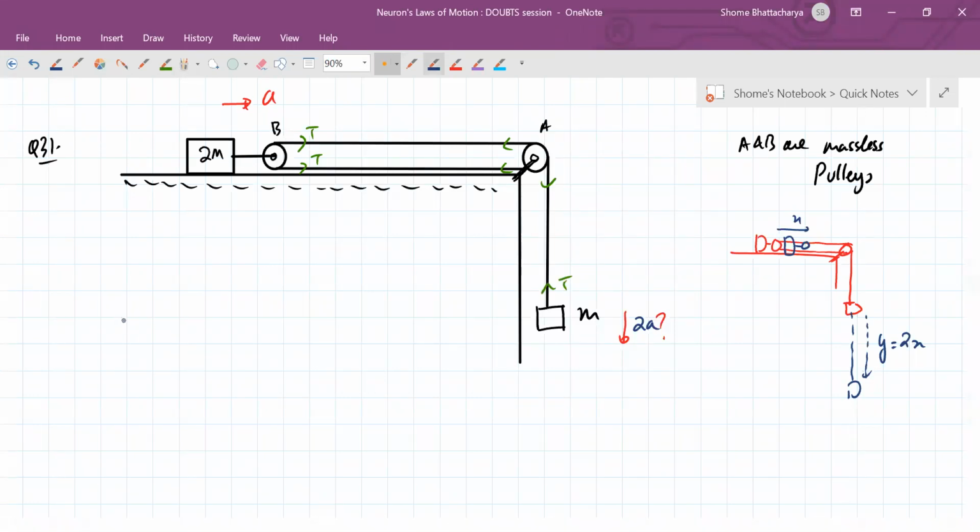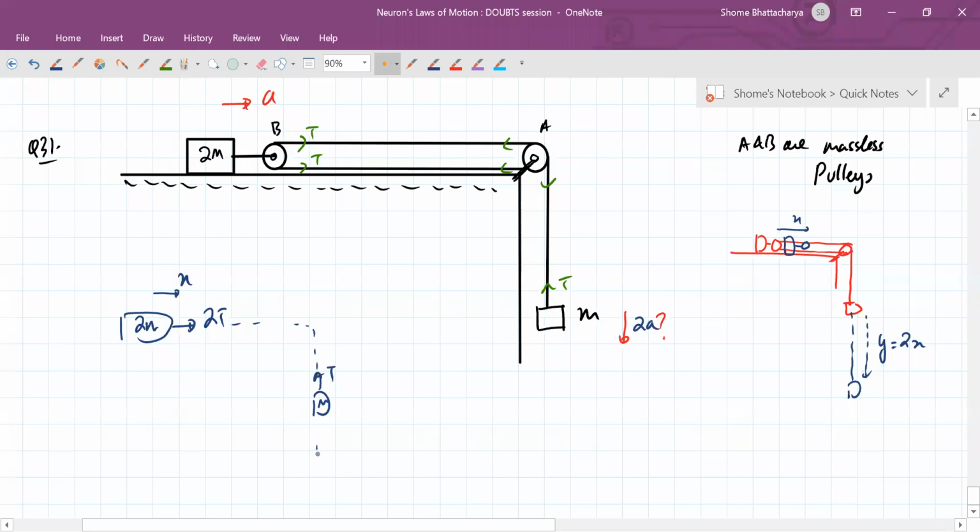Okay. So on the 2m block, you can see there's a net tension of 2t acting, and it's moving in this direction by x, let's say. On the m block, there's a tension t acting, and it's moving in this direction by displacement y. So net work done.